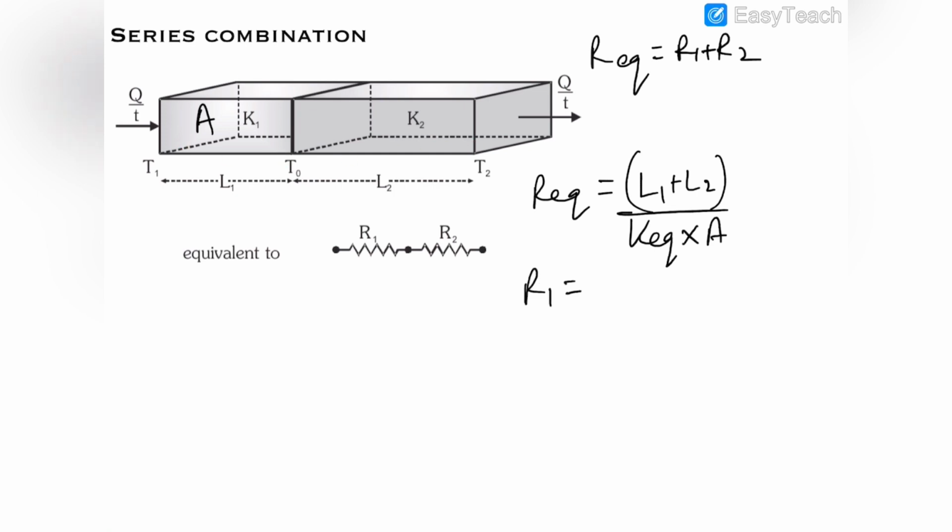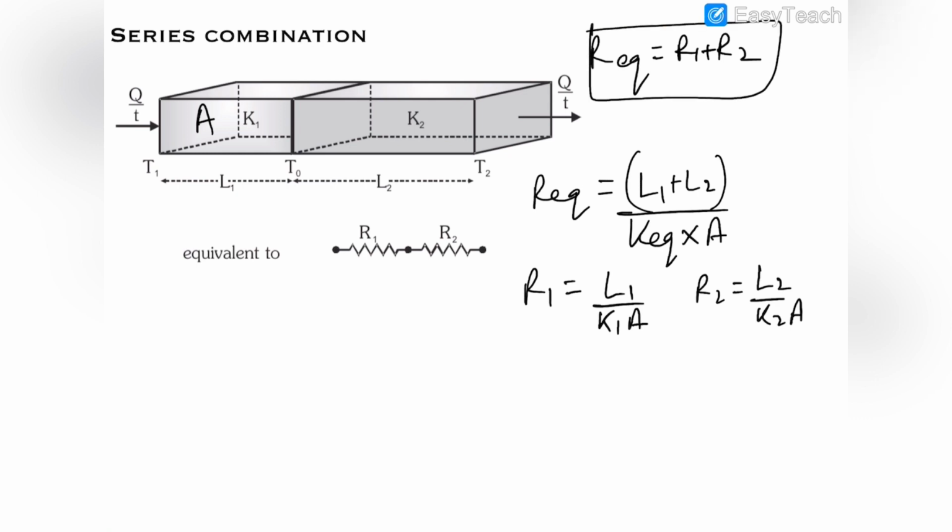Now R1 is equal to L1 by K1A and R2 is equal to L2 by K2A. So you can see that R equivalent, if we substitute these values in this equation, then L1 plus L2 by K equivalent into area will be equal to L1 by K1A plus L2 by K2A.